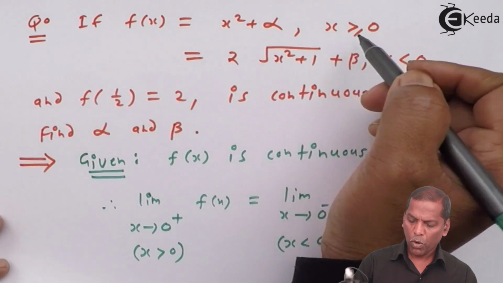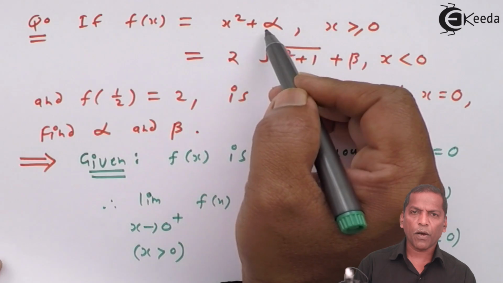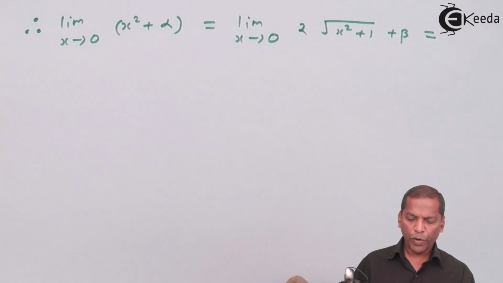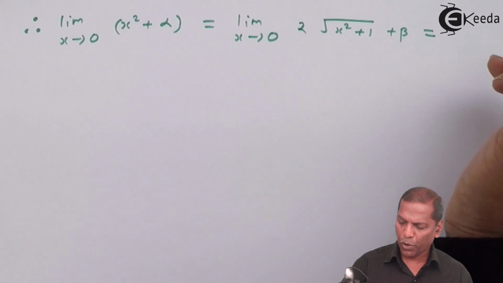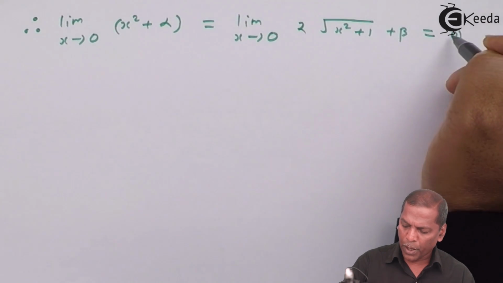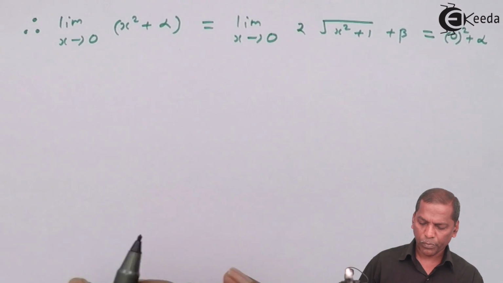we have f of x is equal to x square plus alpha, which can be written as, for x we substitute 0, so we get 0 square plus alpha.